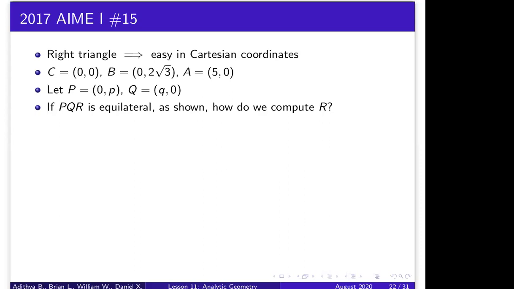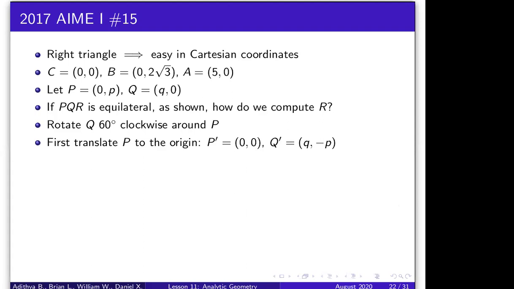Exactly. R is a 60-degree rotation of Q around P, right? So yeah. Now, how do we find out what point this is, right? Well, we would have to translate it so that P is the origin, right? And then we had an expression for what the rotated point would be.